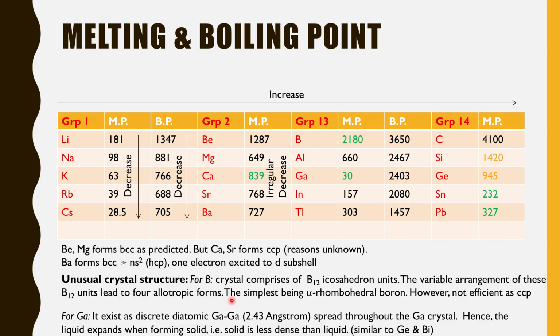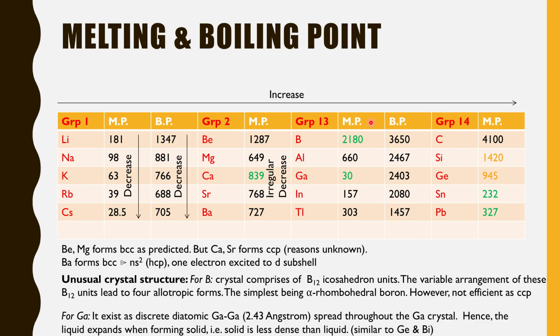It is like 2.70 and 2.79. So when you see a gallium crystal, you will find diatomic gallium spread throughout the crystal structure. That is why you have less density of the solid than the liquid in the case of gallium, and this you will find also in the germanium and bismuth elements as well.